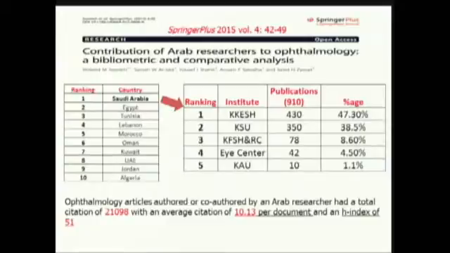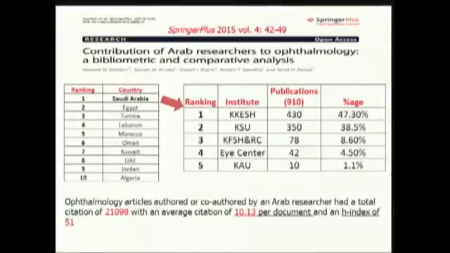This paper was recently published, and basically what the researchers did was compile all ophthalmology research performed by Arab countries. They used the ISI Web of Science database and ranked the Arab countries in terms of publications in ophthalmology.